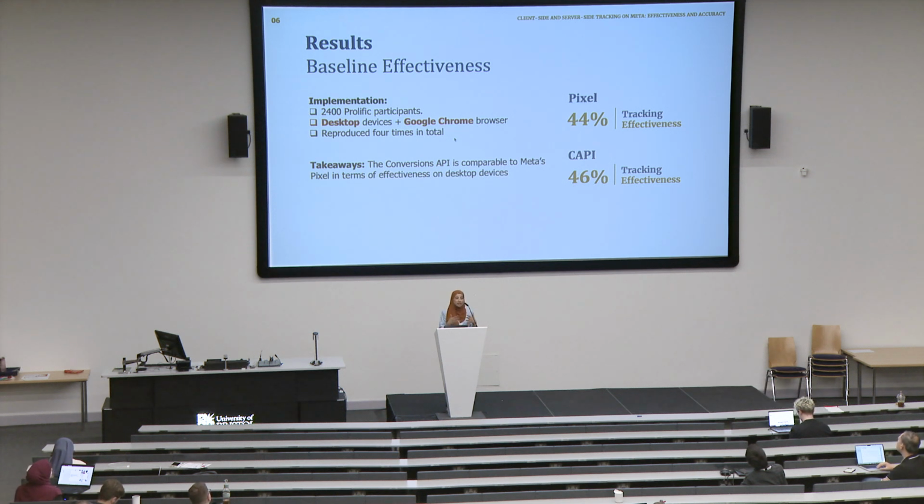So we are fairly comparing the Conversions API and the pixel. And again, for the Conversions API, we're only sending IP addresses and user agents. What we see is that the Conversions API was able to reach the same tracking effectiveness as the pixel, which uses third-party cookies, and we were able to reproduce these results multiple times.